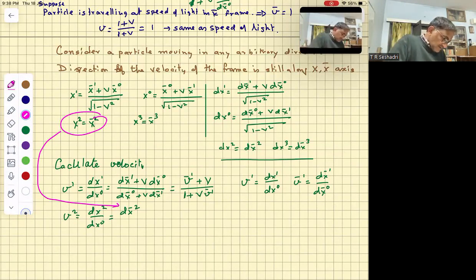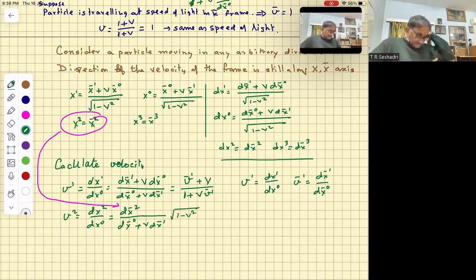But the denominator changes. The denominator is dx bar 0 plus v dx bar 1, multiplied now by square root of 1 minus v square because it is coming in the denominator.